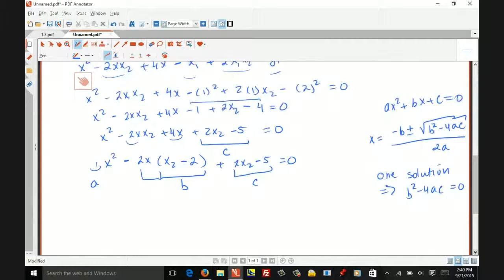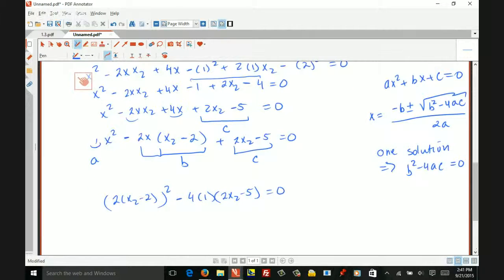Now, b is going to be 2 times x2 minus 2, squared, minus 4 times a, where a is 1, and c is 2x2 minus 5. We're done, right? Foil this. You're going to have 4 times x2 minus 2 squared.